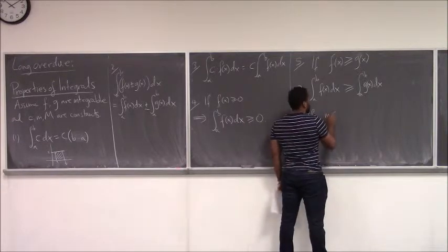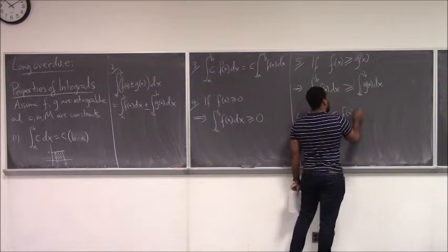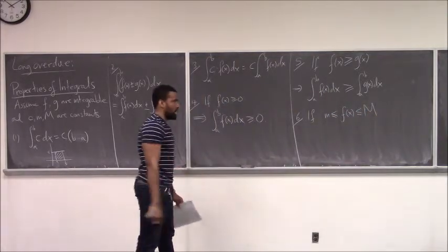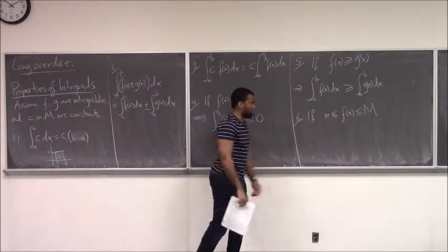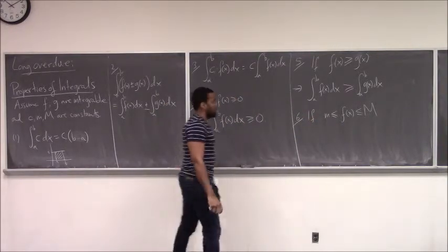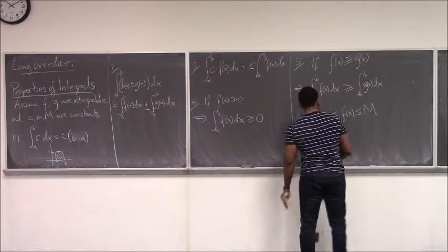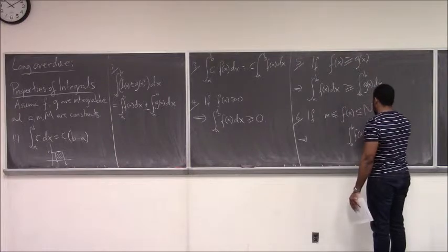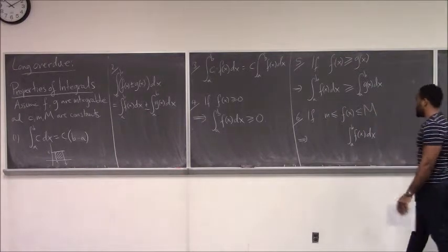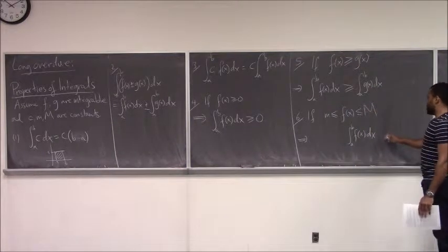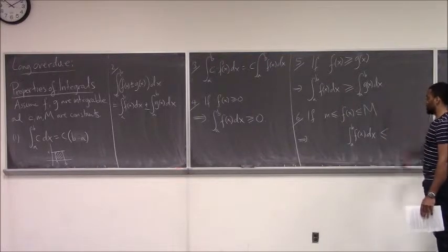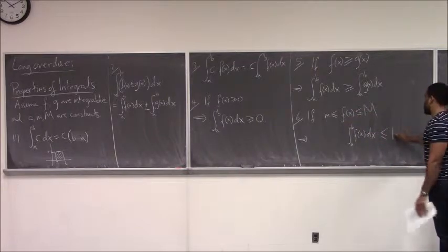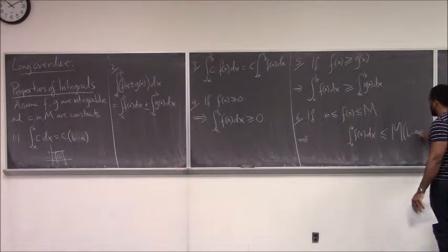If you can find a lower bound and upper bound for your function, so let's say your function always outputs values that are greater than or equal to little m, smaller than or equal to big M, then it turns out that if you were to integrate from a to b of this function, it's obviously going to be less than or equal to, by this property, the integral of big M, which by property 1 tells us it's going to be big M times b minus a.